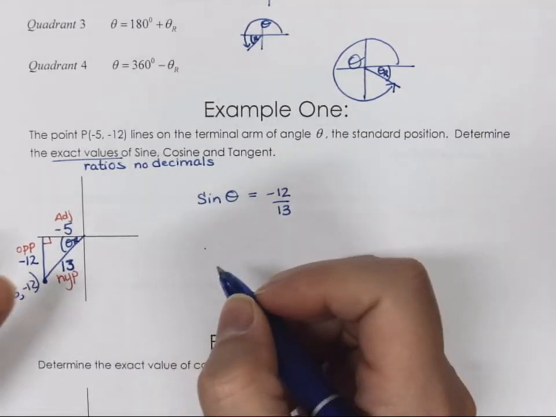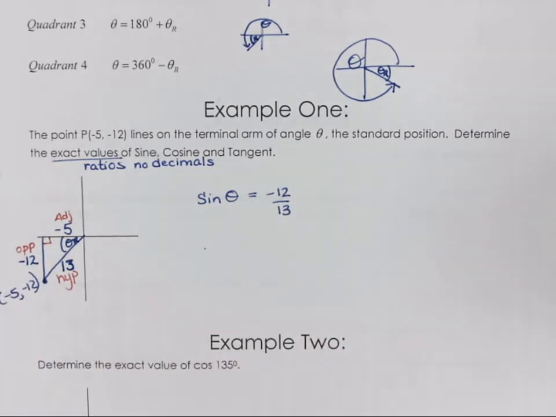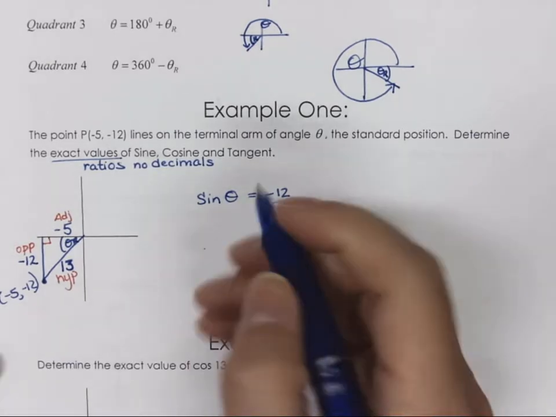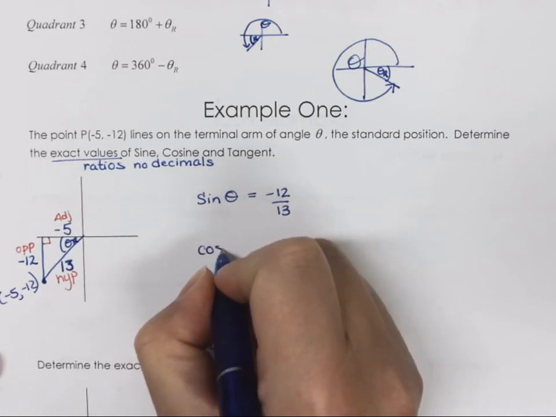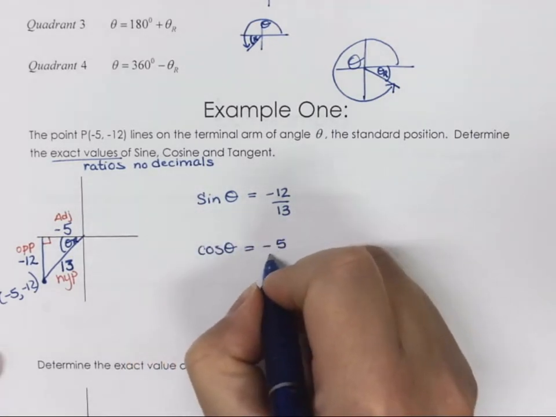Hey, what trig ratio is positive in quadrant 3? Tangent. So you know in your head that when you do the trig ratios, tangent should be positive. If you get a negative for your tangent, you know you've done something wrong. It's just a quick way to check. Cosine is adjacent over hypotenuse, so -5 over 13.